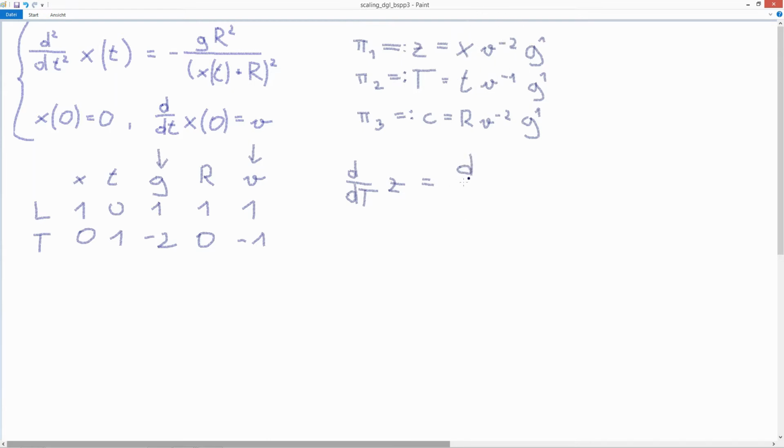So we have, and now we have to use the trick again, where we have to differentiate t with respect to capital T. So we need t is equal to this here, and we have to differentiate t with respect to capital T. So we get the following thing.